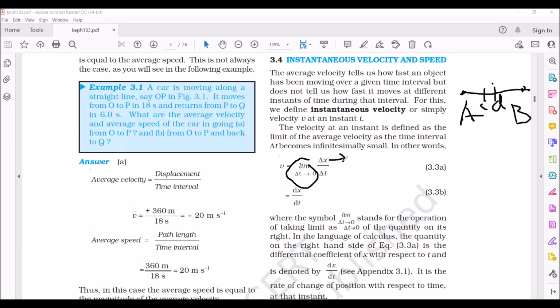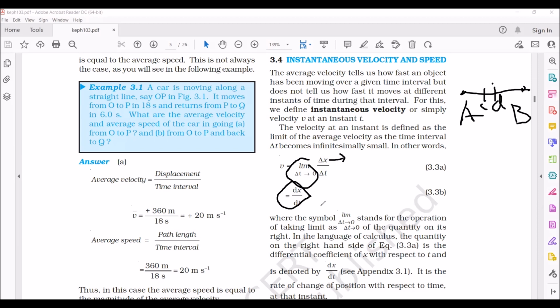So it is defined as how fast the object is moving from one point to another at a particular instant of time. The same thing can be explained with dx by dt, which is the derivative of x with respect to t.